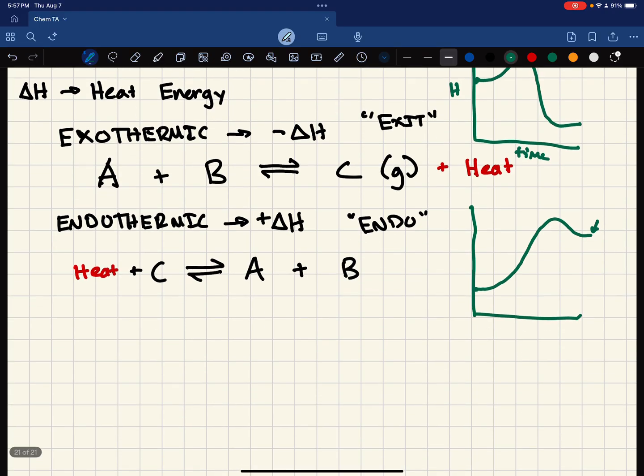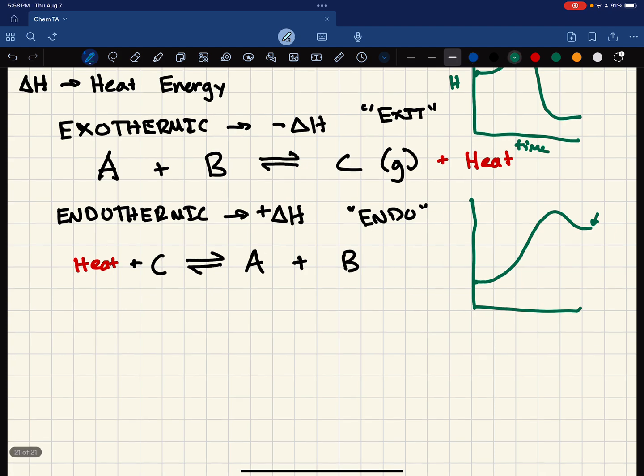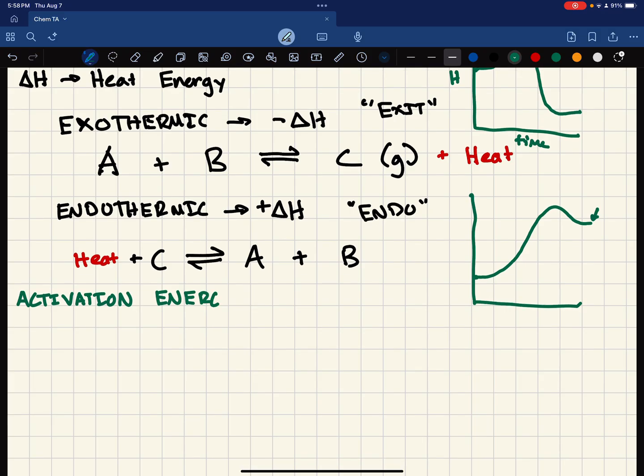this gets us into another term called activation energy. Okay, and just like I was saying, every reaction needs some sort of energy to make it start. It has to come from somewhere, right?